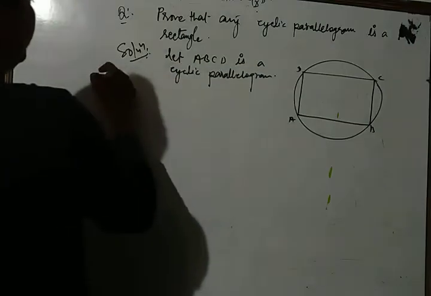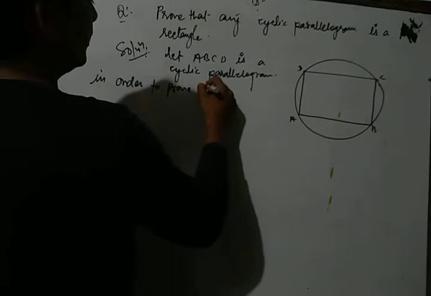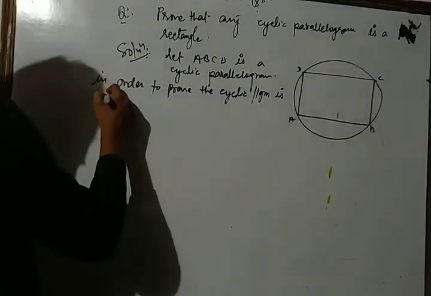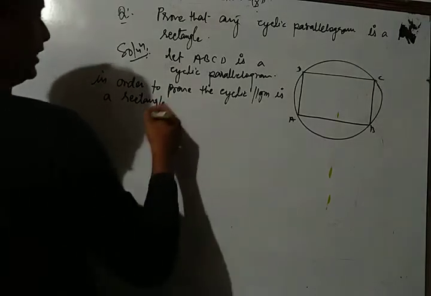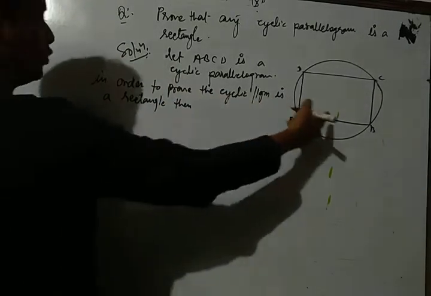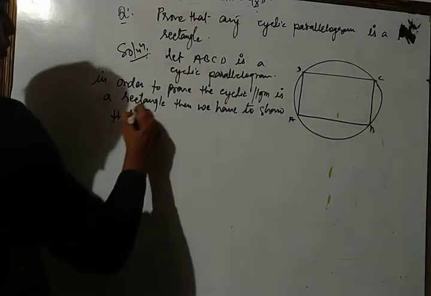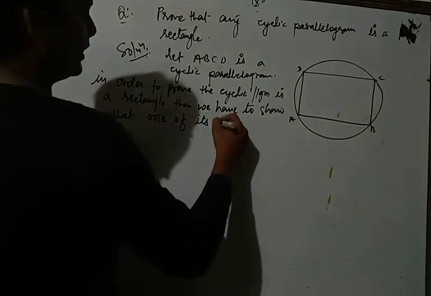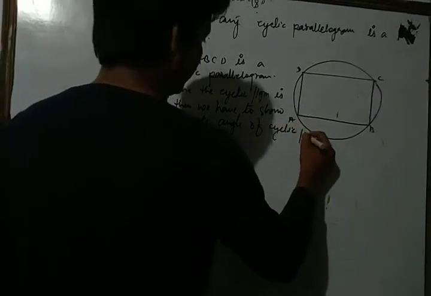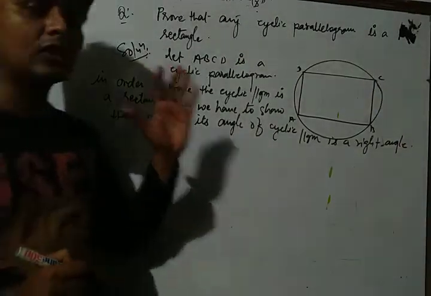So dear students, in order to prove the cyclic parallelogram is a rectangle, we have to show that one of its angles is a right angle. Okay, so this is the concept of that question.